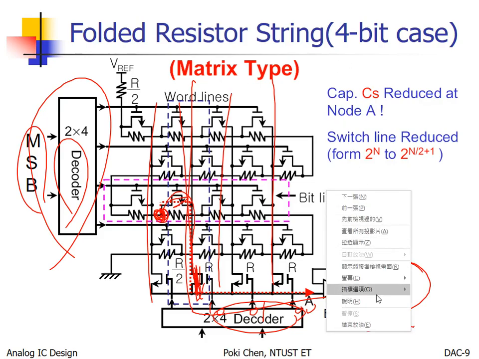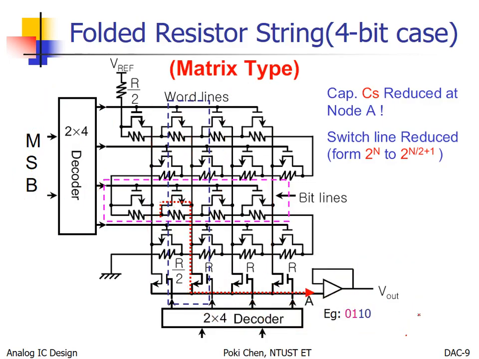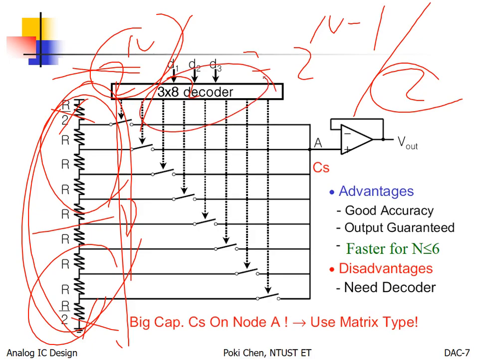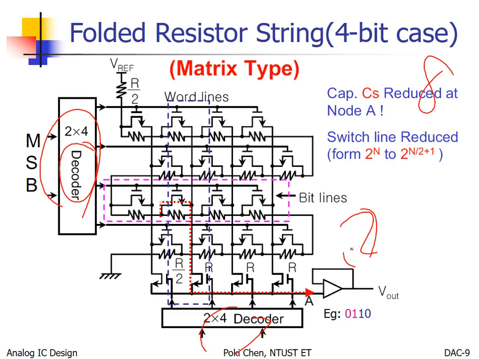Two major benefits. First of all, the size of the decoder will be reduced substantially. Be careful about the complexity of the decoder, for example, 8 bits. For the previous one, the complexity is 2 to the 8th power. But right now, only 4 bits.